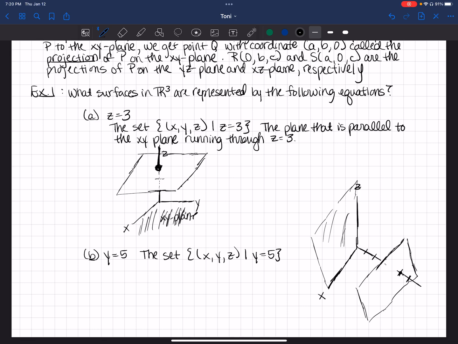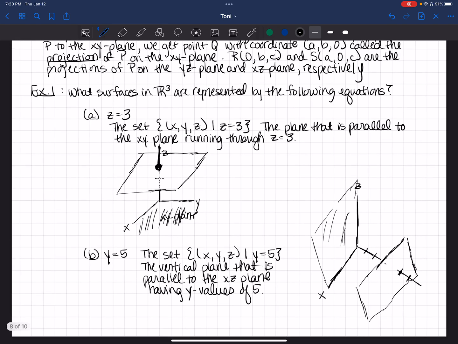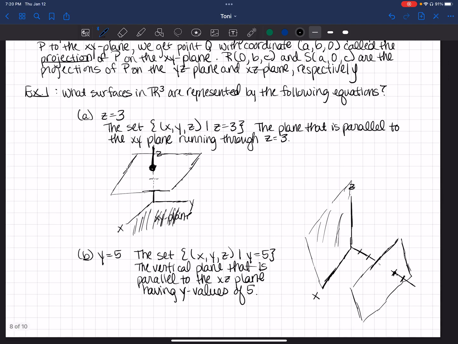And it is the vertical plane that is parallel to the XZ plane having y values of 5. Okay? So not too bad.